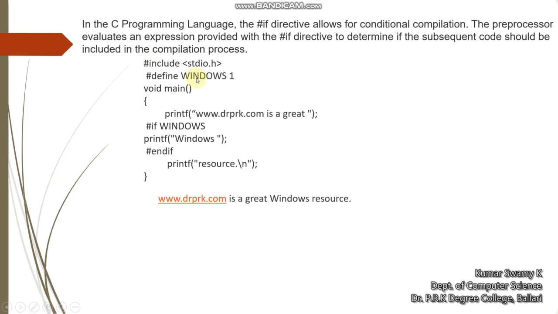WINDOWS is a macro defined with #define, and the value is 1. In this program I'm using #if, which is satisfied, so the following statement will be printed, and we have used #endif which ends the #if. The output of this program will be: www.drprk.com is a great Windows resource.